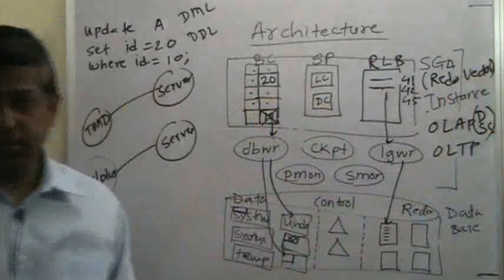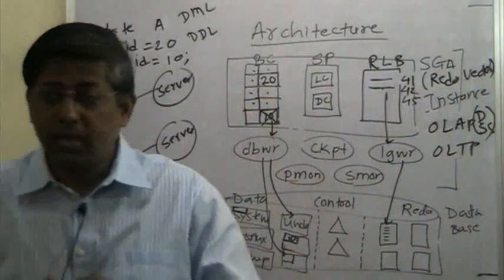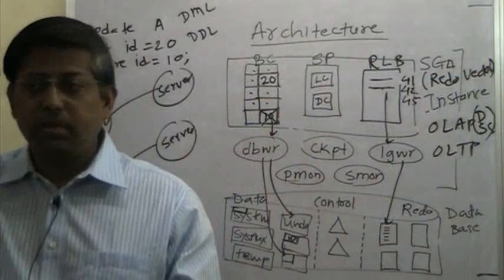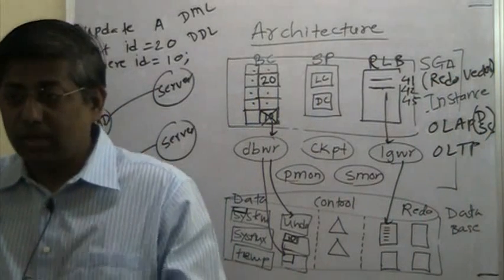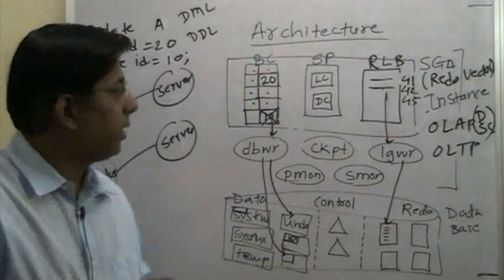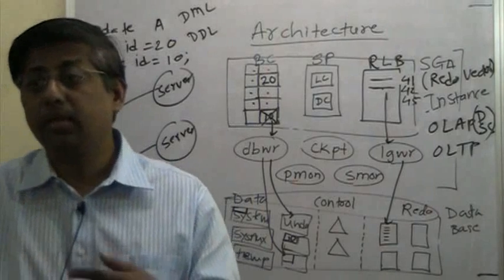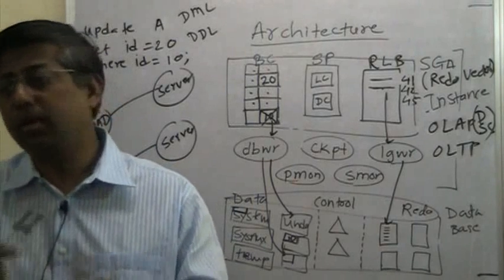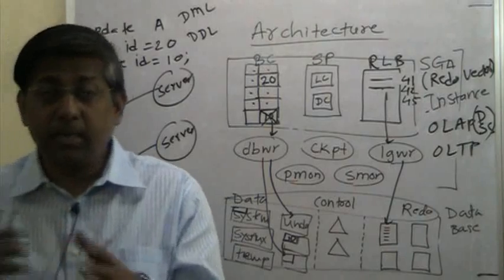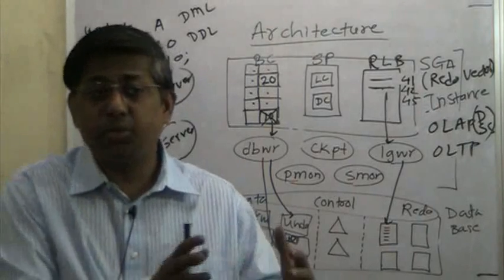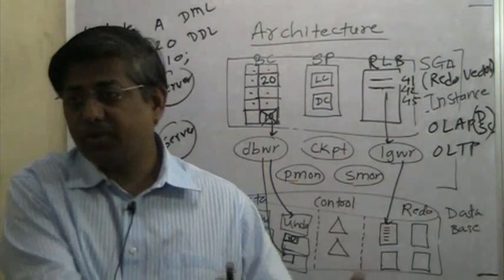It is the information required later on when something goes wrong. We are going to get this information from the redo vector and rerun the insert statement, rerun the update statement, and by rerunning them, we are actually fabricating the data which was fabricated earlier.